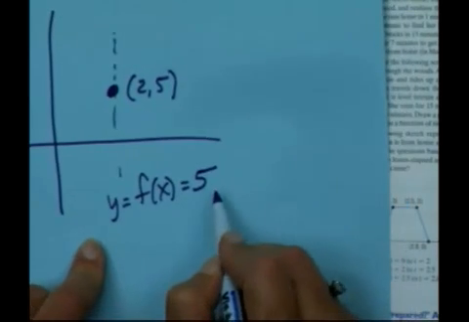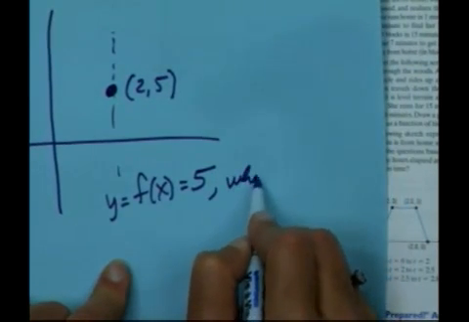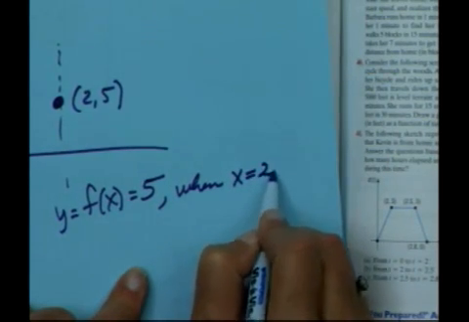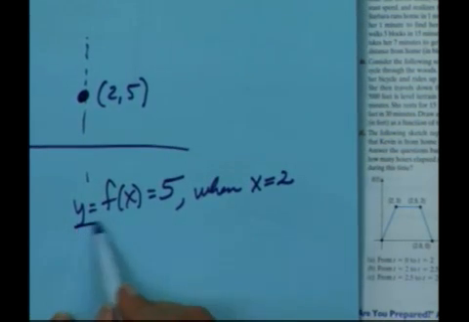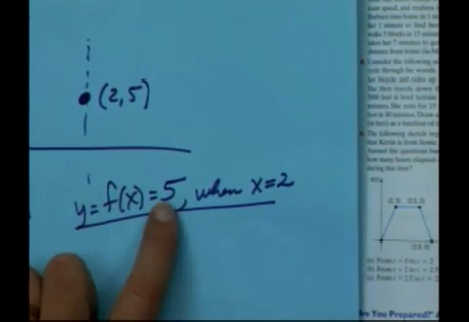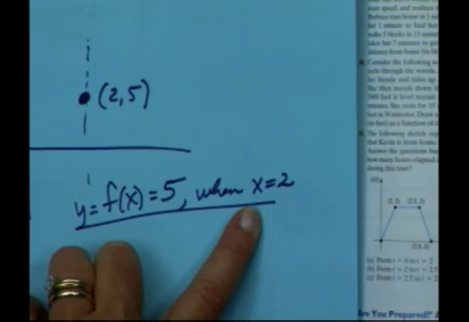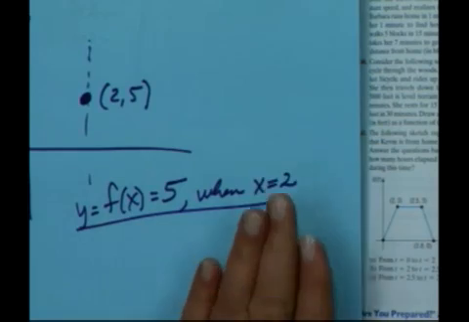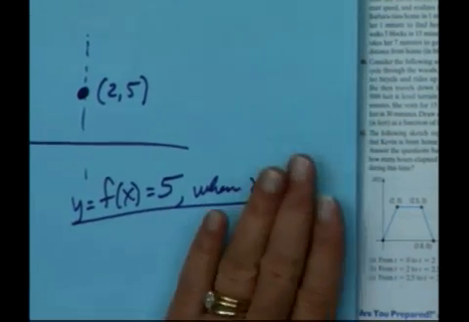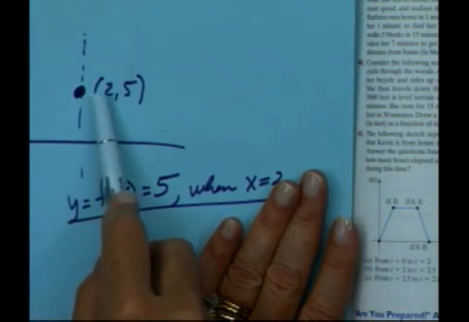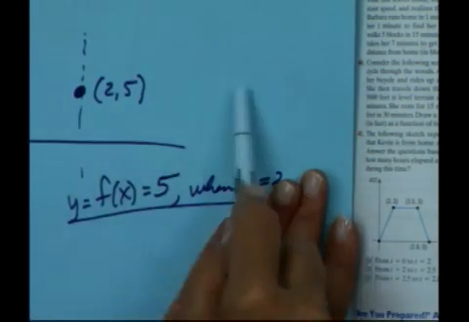So y is equal to 5 only when you have a restricted domain and x can only be equal to 2. So here's how you would write your function for a point: y equals 5, but with a restricted domain, only when x is equal to 2. If you didn't have that restriction, what would the graph of y equals 5 look like? The horizontal line going through y equals 5. Correct? Okay, perfect.